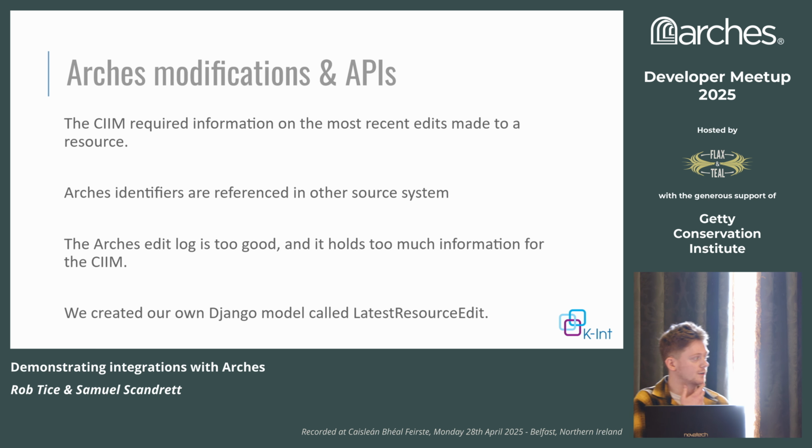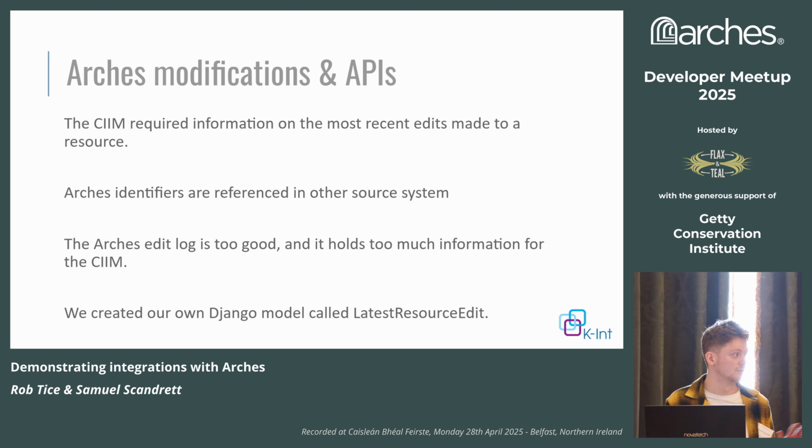For Arches, the edit log, as I'm sure we're all aware, stores a lot of things, which is really good for Arches. You need to know resource creations, resource deletions, and then tile deletions, creations, edits, etc. For Sim, we only need to know what the last change was per resource. So if a resource has been deleted, it can be forgotten about, but it can still stay in this table as gone. Maybe it will come back, maybe not.